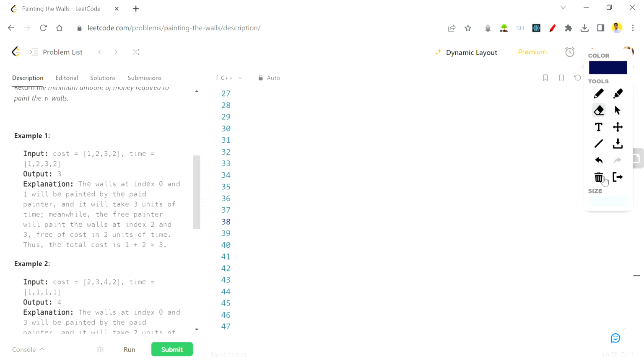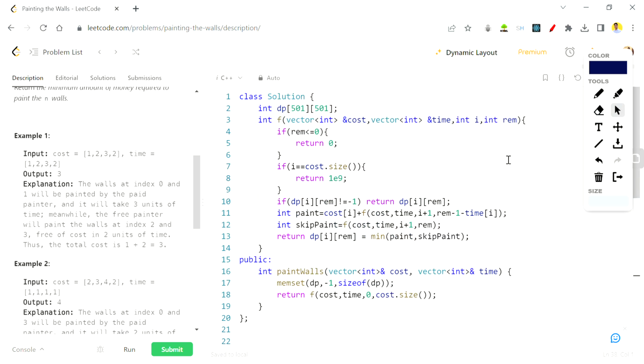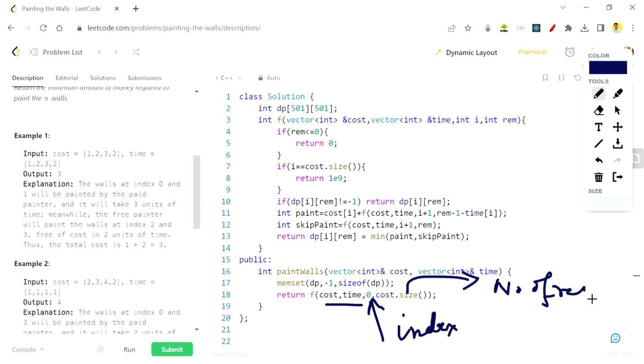Since the greedy approach is failing here, we need to think of recursion, which is possibly the way to solve this question. I'm going to have the cost, time, and here 0 is the index, and this depicts the number of remaining walls to be painted.